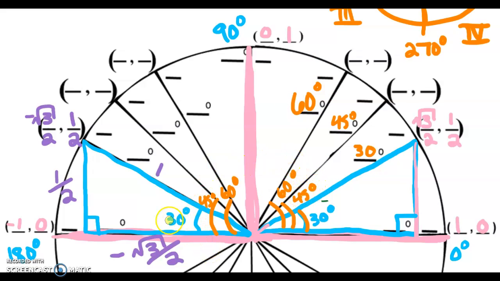We can think about that as almost going backwards from our negative x-axis, which is equal to 180 degrees. If we subtract 30 from that, we get 150 degrees. If we subtract 45 from 180, we get 135. And lastly, when we subtract 60 degrees from 180, we get 120.